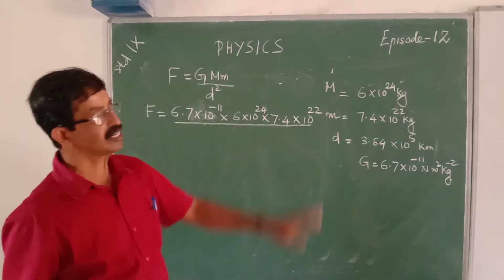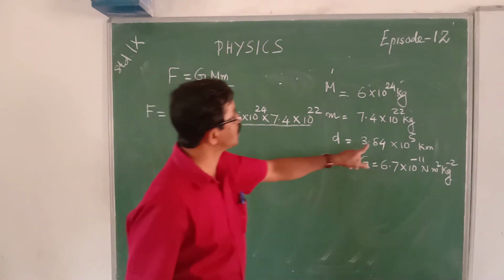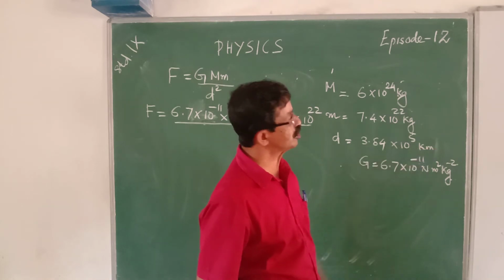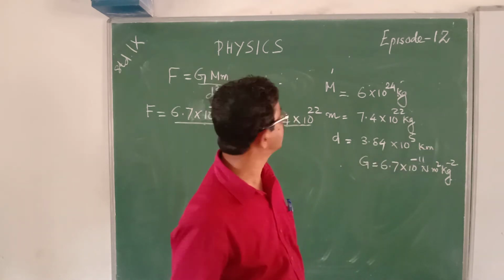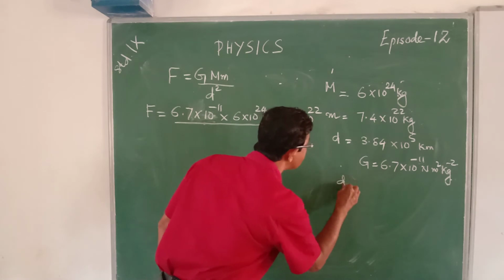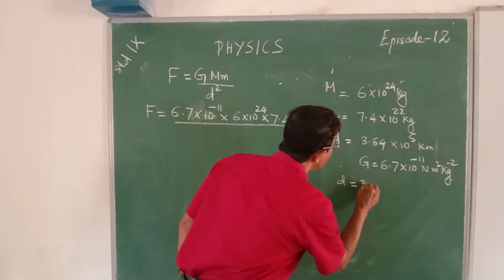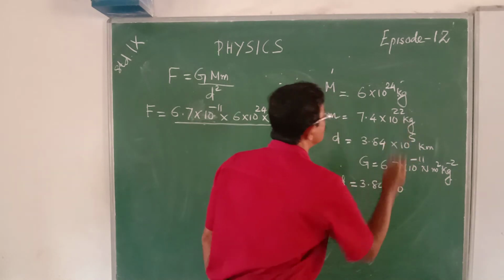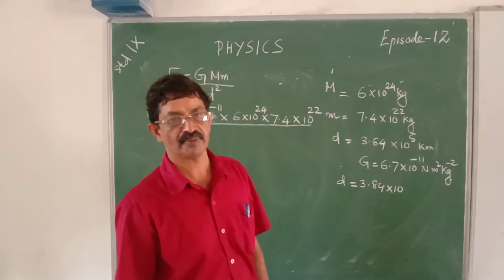d. Here d is given in kilometer, but the SI unit of distance is meter. So d is equal to 3.84 into 10 raised to 5, and we want to multiply with 1000.